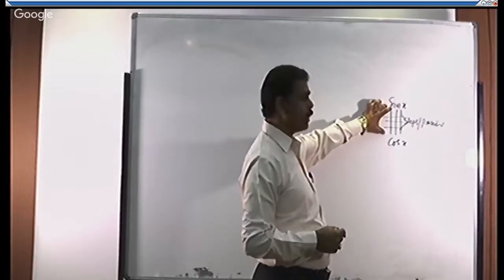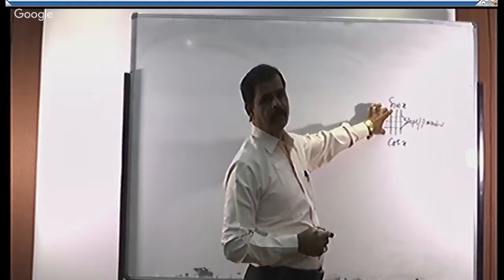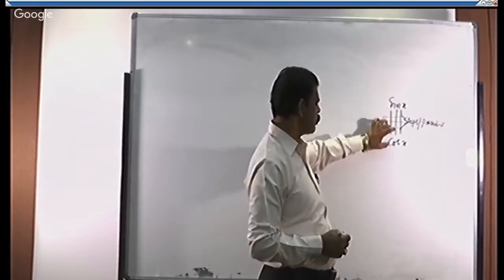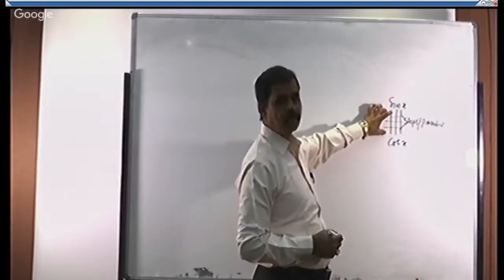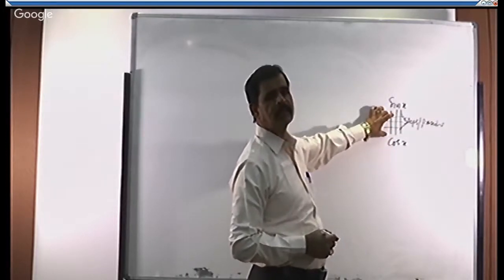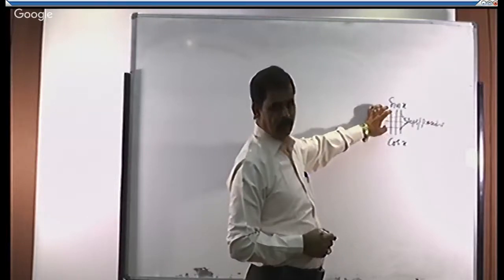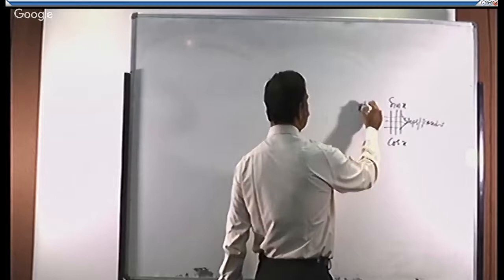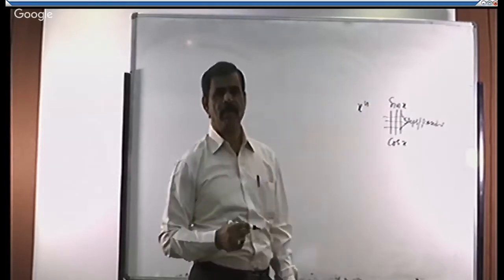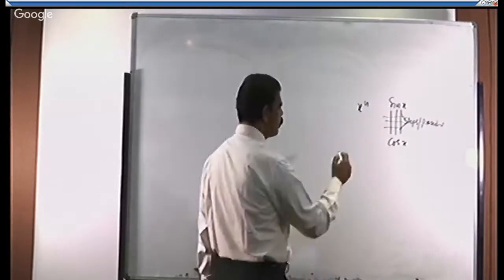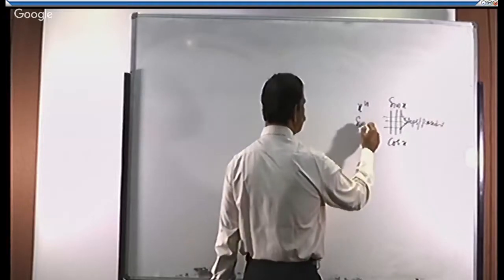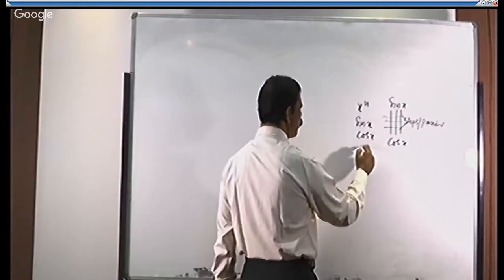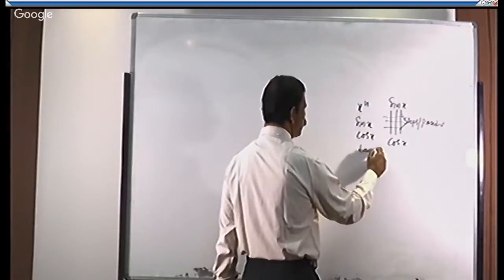We have used a method called first principle method. How it is to be obtained from sin x to cos x, that procedure or method is called the first principle method. We have derived for x to the power of n. In the last class we got the derivative of x to the power of n, sin x, cos x, and tan x.